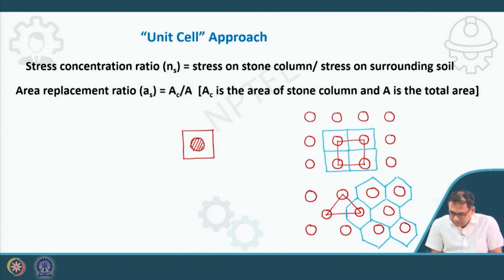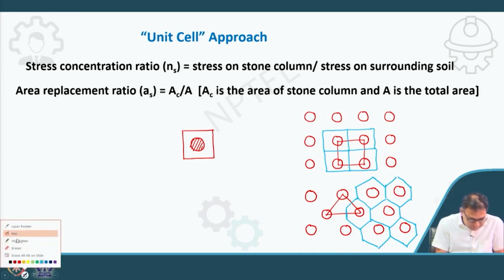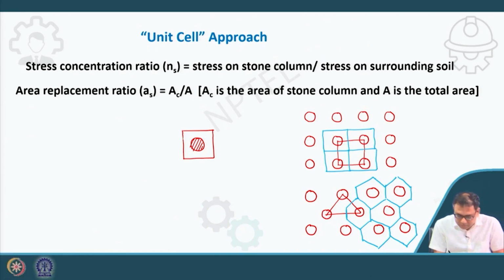Now I am taking, for the square grid, one column and its influence zone. Similarly you can take the triangular grid also, but I am taking the square grid. Now what we will do is convert this influence zone into an equivalent circle.